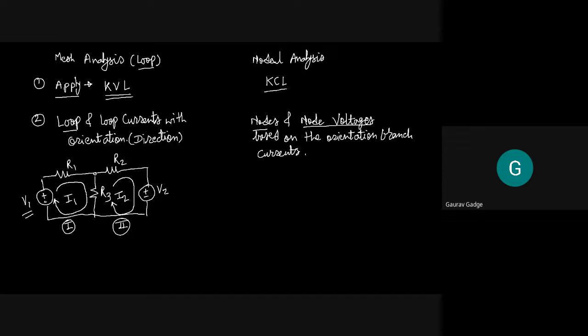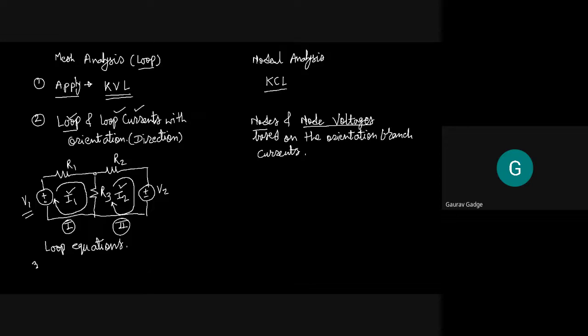So we consider loops and loop currents. I1 and I2 are the loop currents. With respect to I1 and I2, we then form the equations. So we get loop equations.